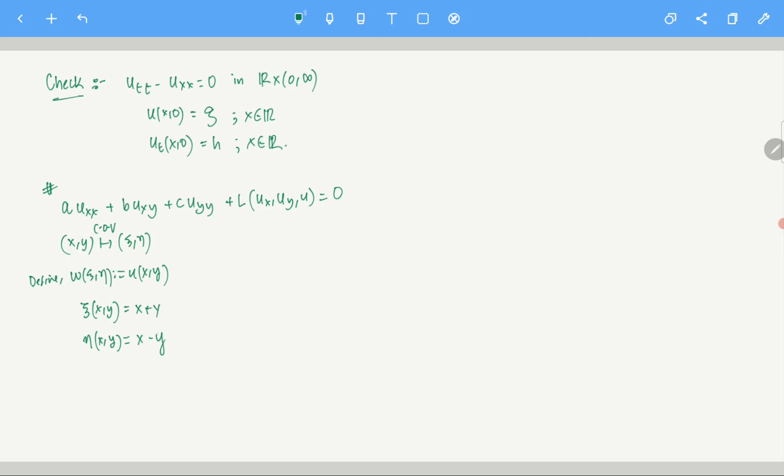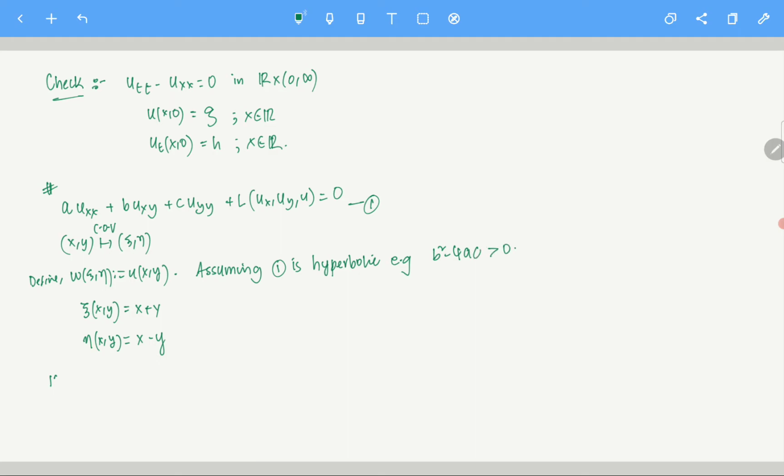With this change of variable, let's say this equation, number 1, is hyperbolic, that is, b squared minus 4ac is positive.